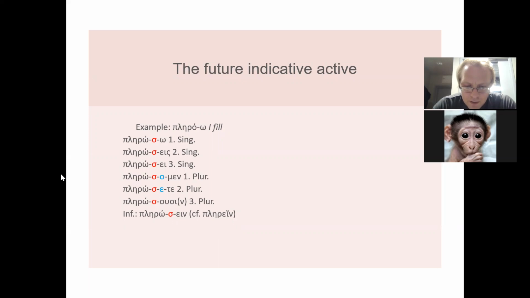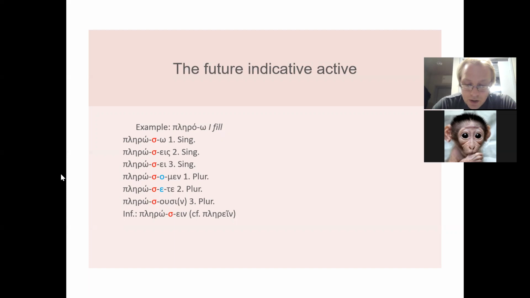If we inflect plero in the active future indicative, we get pleroso in the first person singular, pleroseis in the second person singular, plerosei in the third person singular, plerosomen in the first person plural, plerosete in the second person plural, and plerosousin in the third person plural.